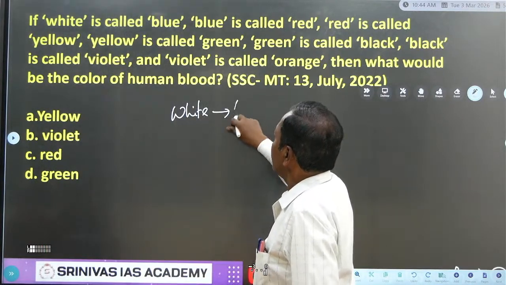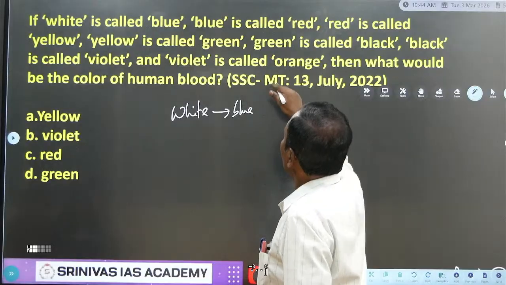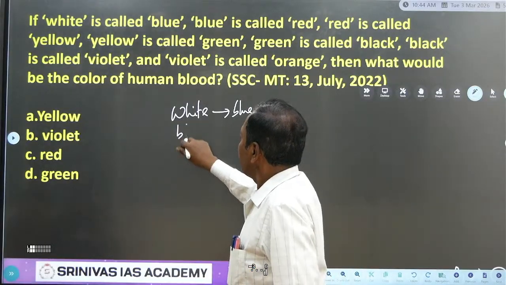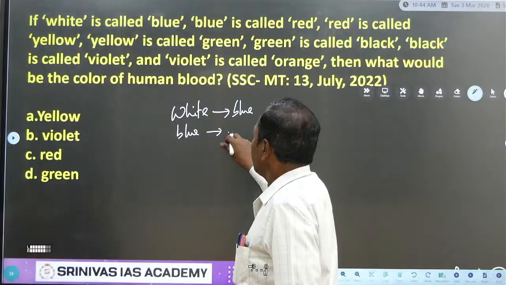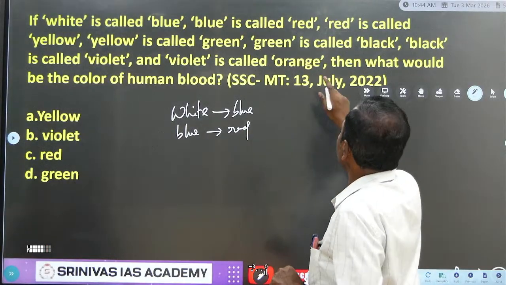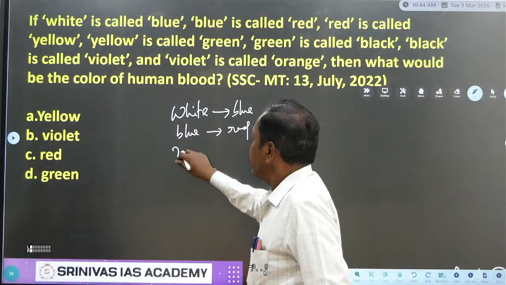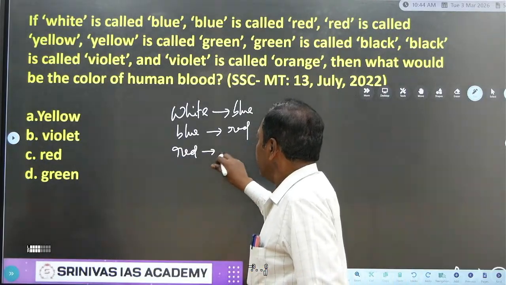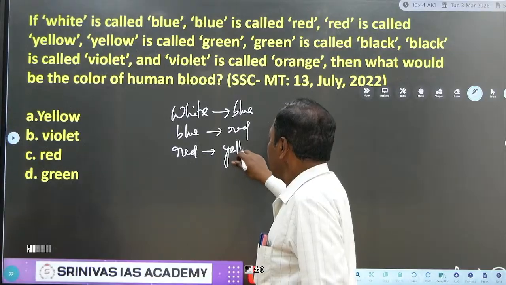White is called blue. Blue is called red. Red is called yellow.